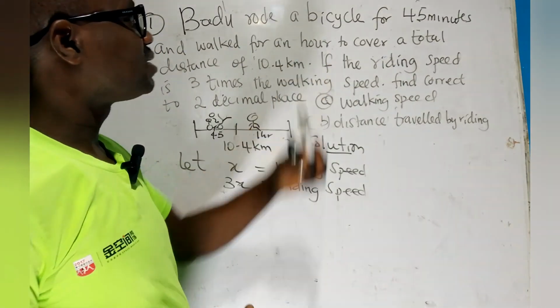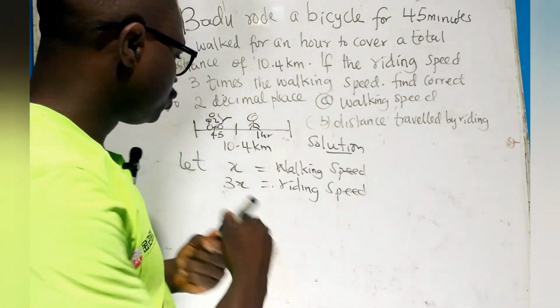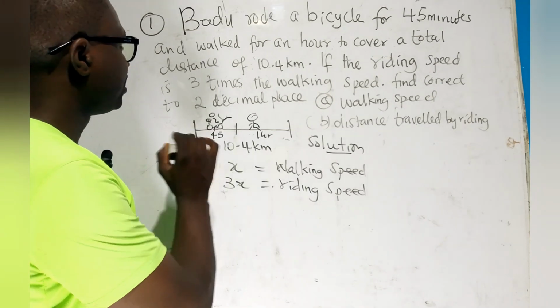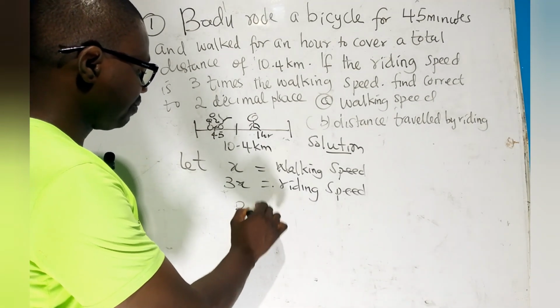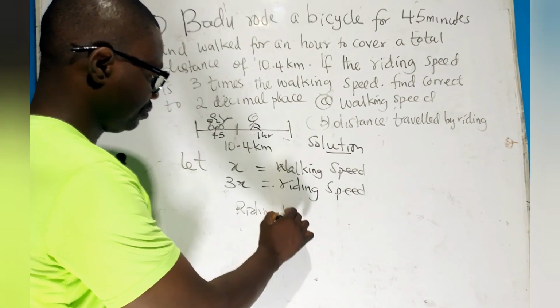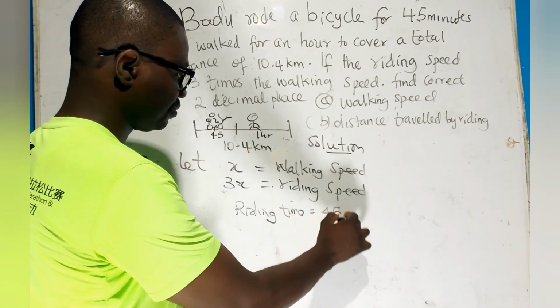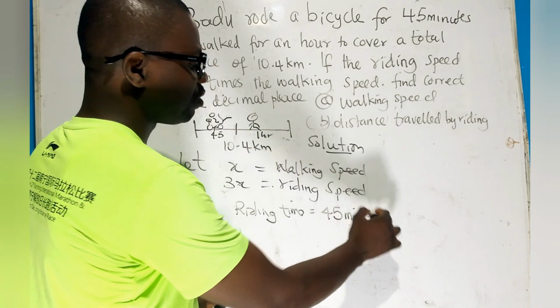So the bicycle was used for 45 minutes. So the riding time is 45 minutes, and that is equal to 0.75 hours.